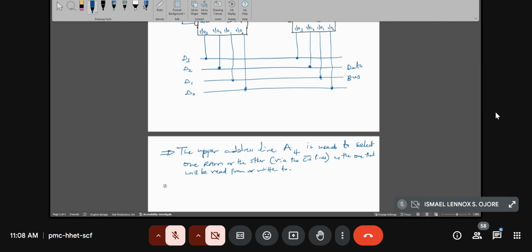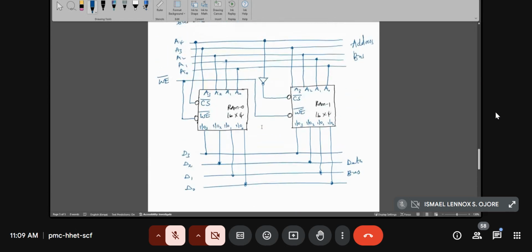The other thing that we can note is, when A4 is 0, which chip is enabled? RAM 0. Yes, RAM 0.